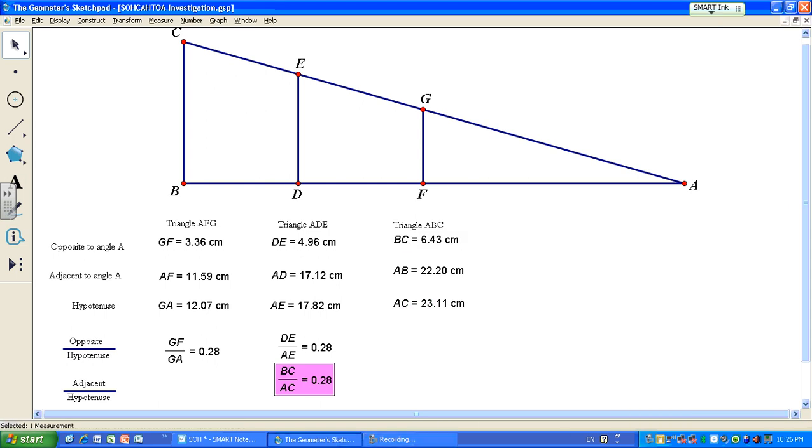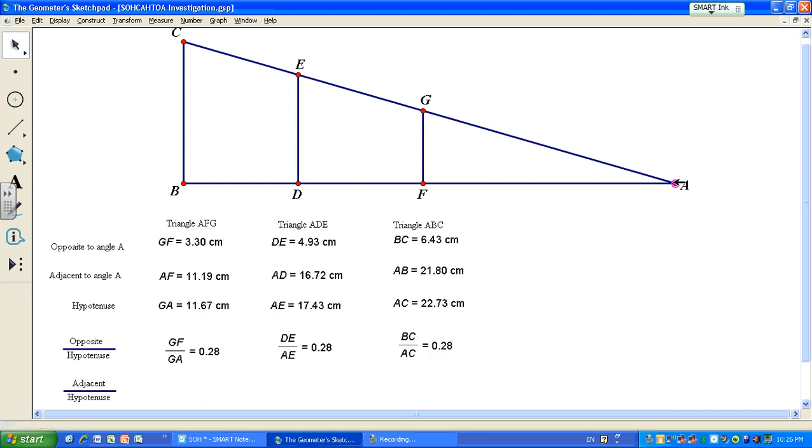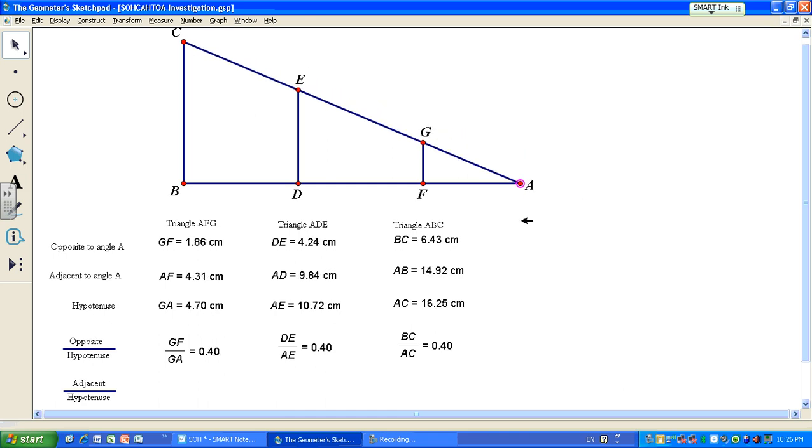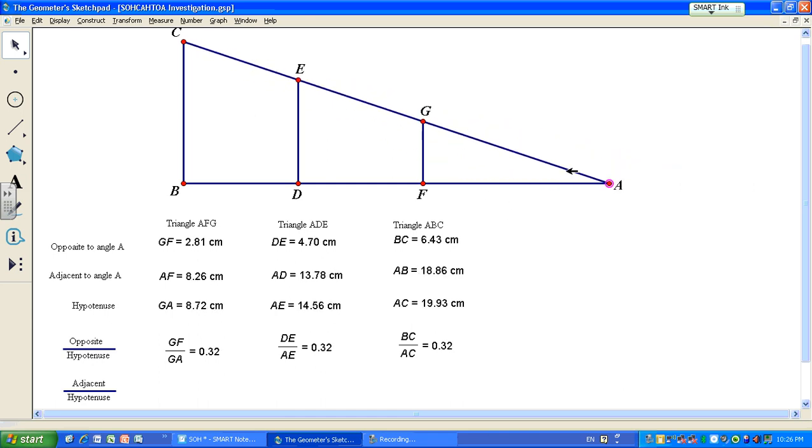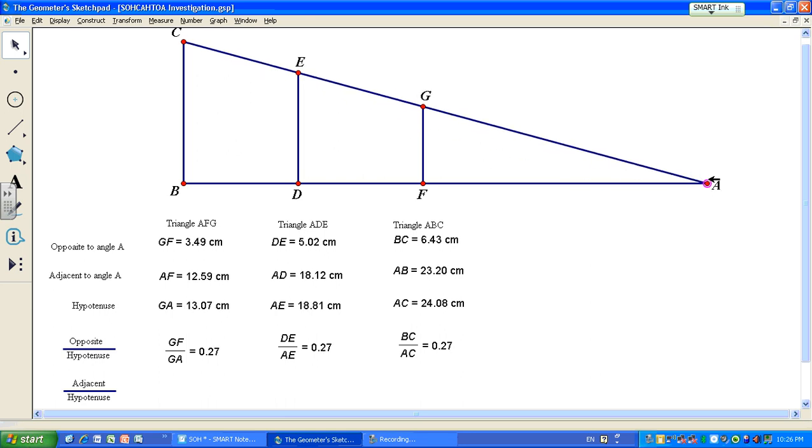Not a surprise. Opposite over hypotenuse is the same. Doesn't matter what triangle I pick. Please notice that if I change the dimensions of the triangle, opposite over hypotenuse stays the same. So what was common in all these triangles? Angle A was common in all these triangles.